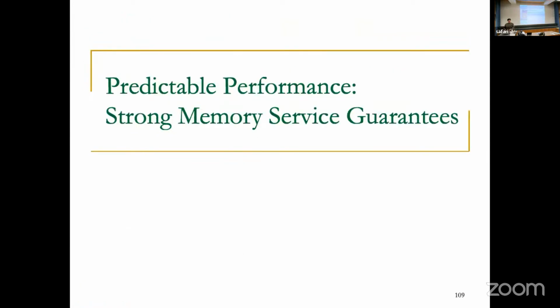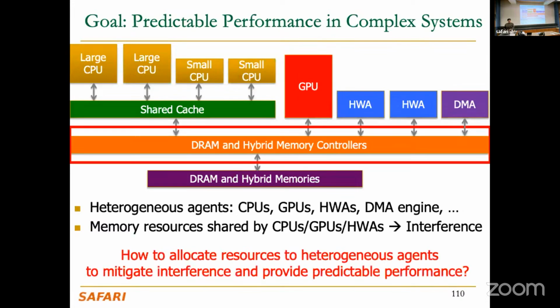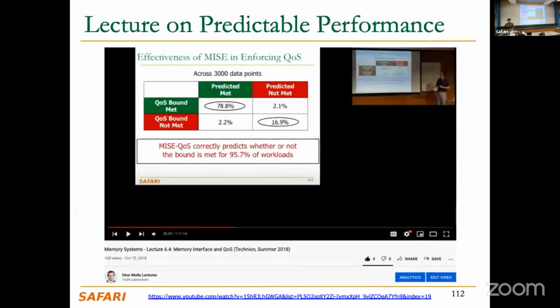Okay, this is almost the last part of the lecture. So we're going to look at predictable performance. Actually, I'm going to skip this very quickly. Here we're dealing with how to allocate resources for heterogeneous agents, mitigate interference, and provide predictable performance, again, in the same system.